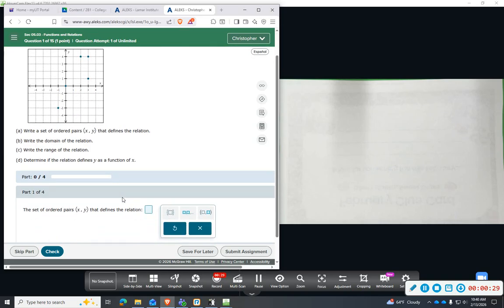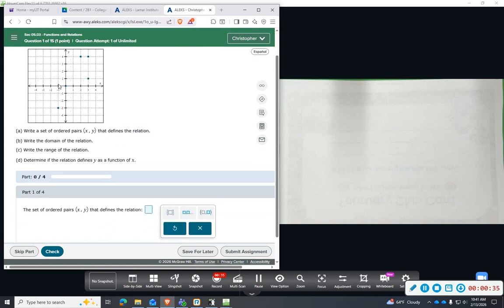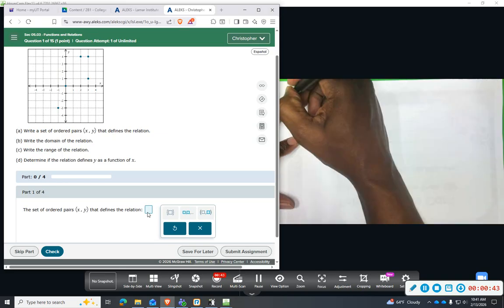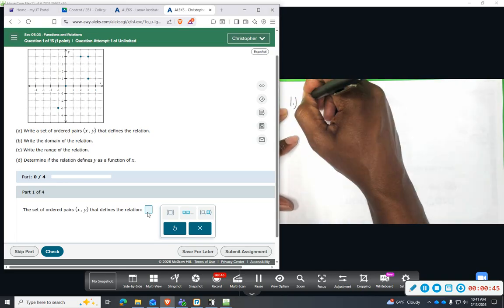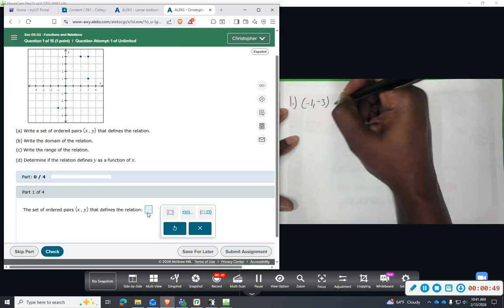And so if we look at these ordered pairs, we're just going to list the ordered pairs. -1 in the x direction, -3. So I'm going to write them all down first. So we got -1, -3.